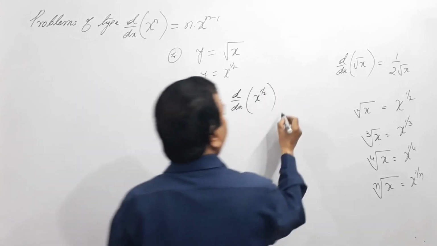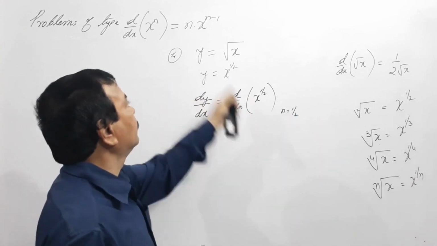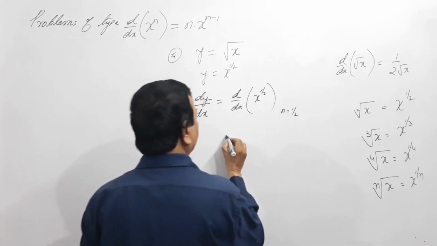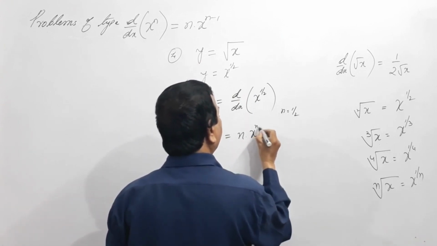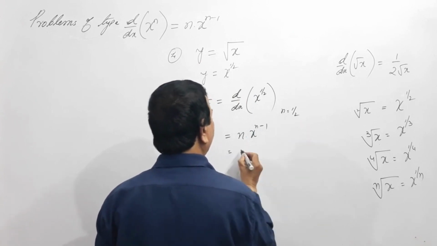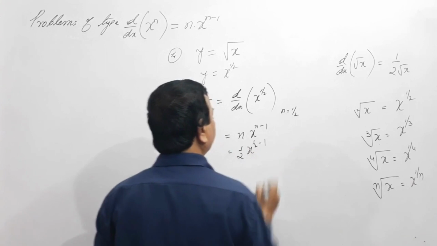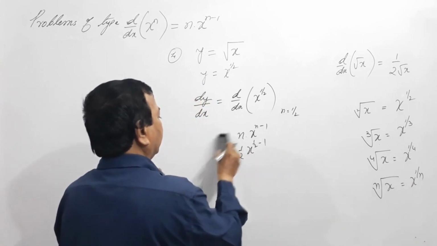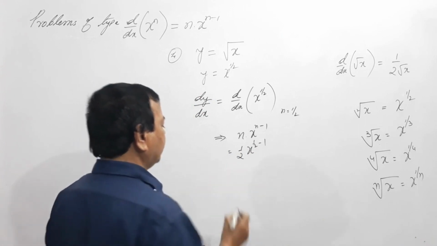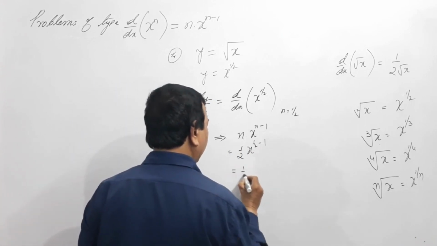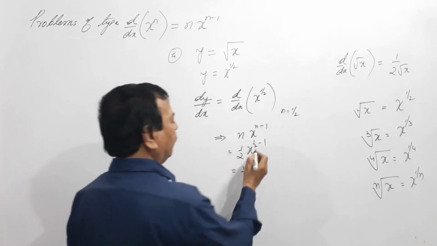So here n equals half. Using the standard relation, we differentiate: n into x to the power of n minus 1. Here n is half, so half into x to the power of half minus 1. I take this half outside the bracket and differentiate.